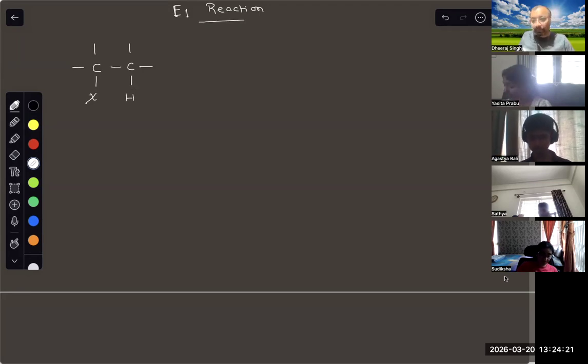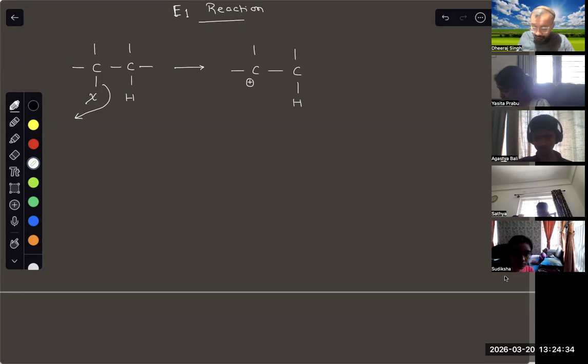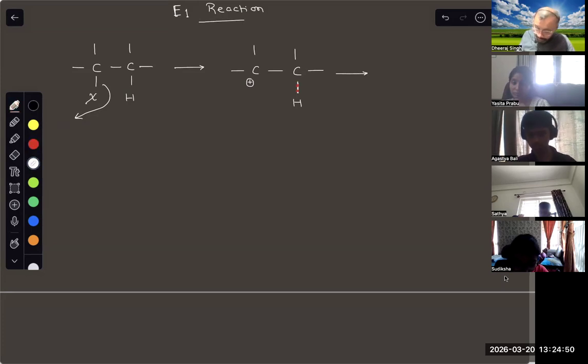In step number 1, a carbocation gets created. This leaves. In step number 2, the electrons of this carbon-hydrogen bond come here to form a pi bond and H plus is released.